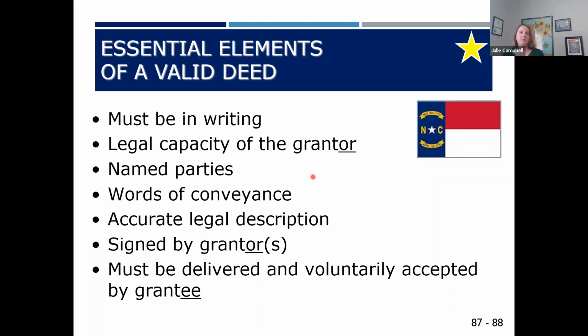Typically, consideration is money. That's pretty valuable, right? But for example, if you were gifting your property to your children, you may have consideration that is for love and affection. So consideration is, yes, most often money, but it can also be something of value. And while the deed has to have some form of consideration, it very rarely states the actual amount.